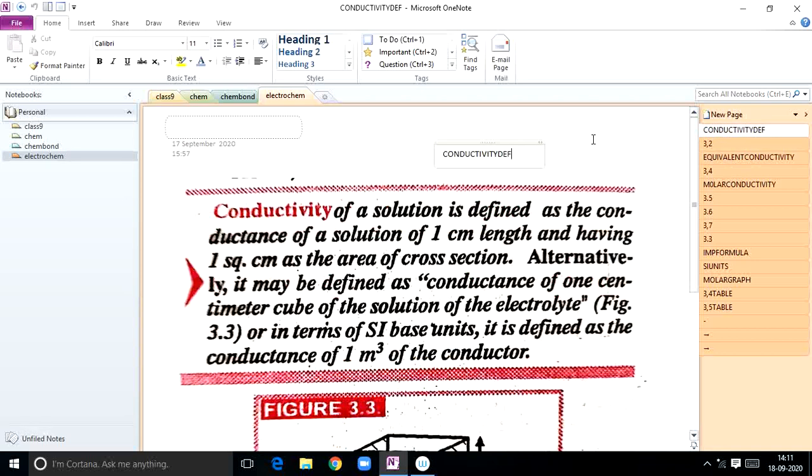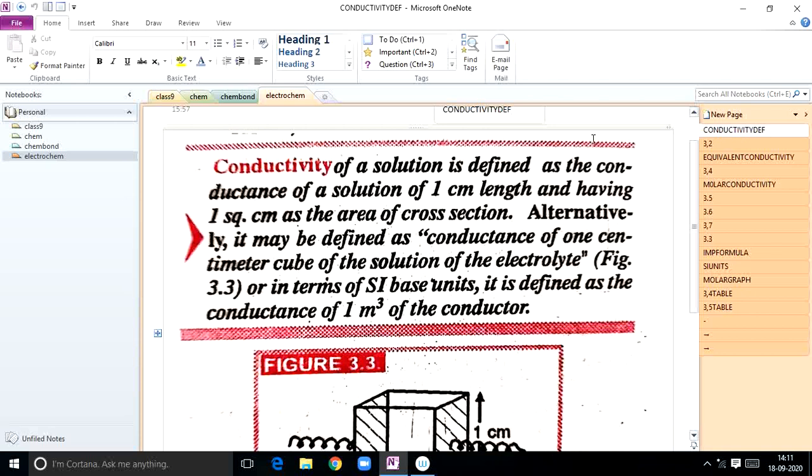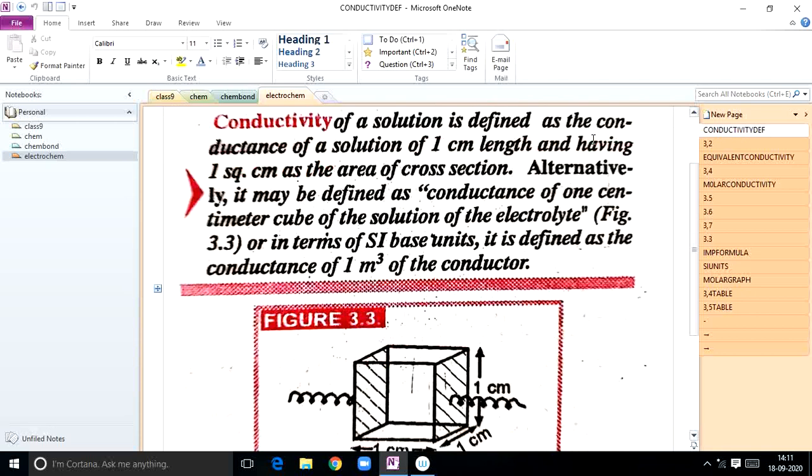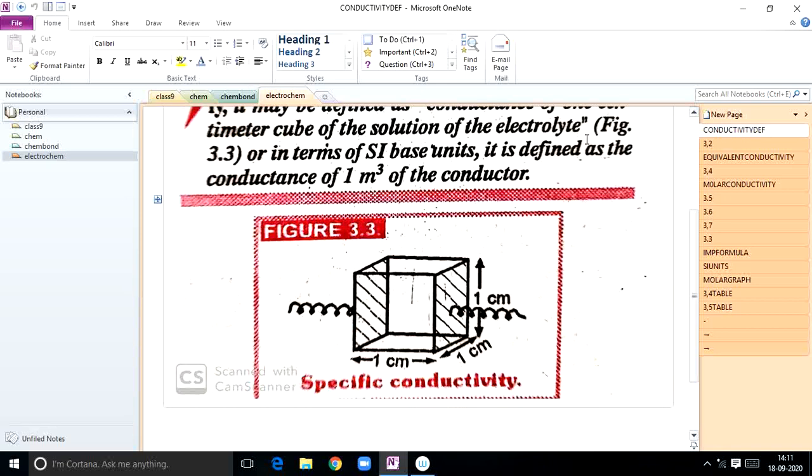Conductivity, or specific conductance of a solution, is defined as the conductance of a solution of 1 centimeter length. See here, cubic. This is the specific conductivity.